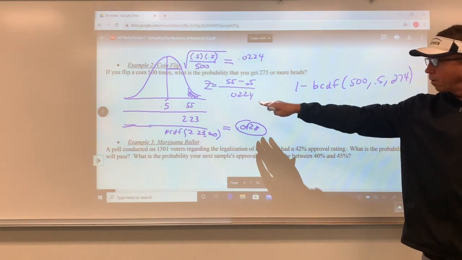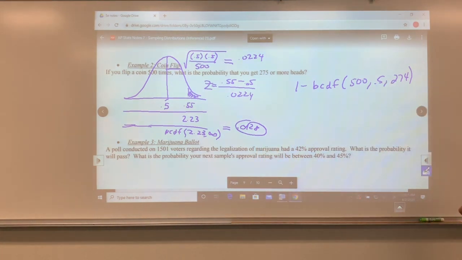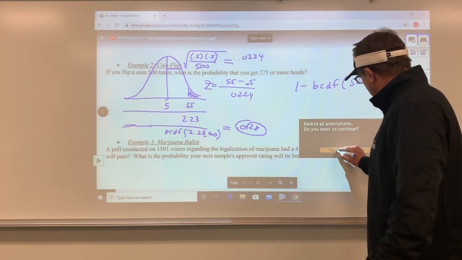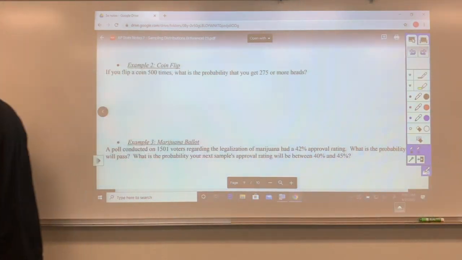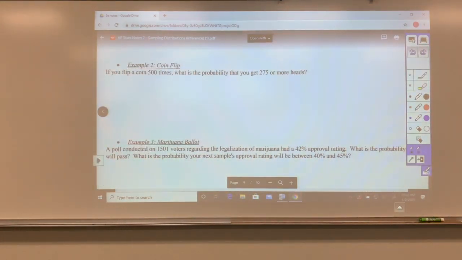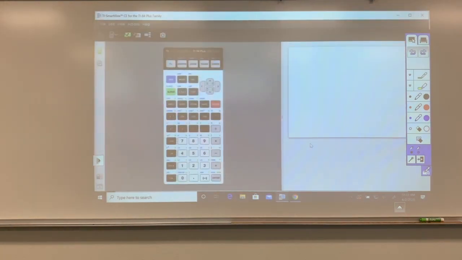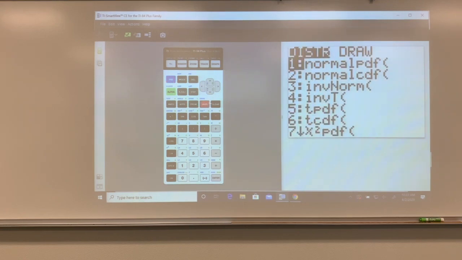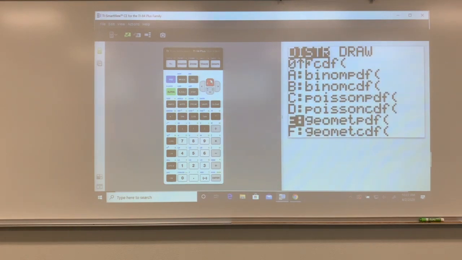Okay? All right, so I'm going to go ahead and erase this and put that on the calculator, and you'll see the answer. Okay, I'm going to go 1 minus second, distribution, binomial CDF.